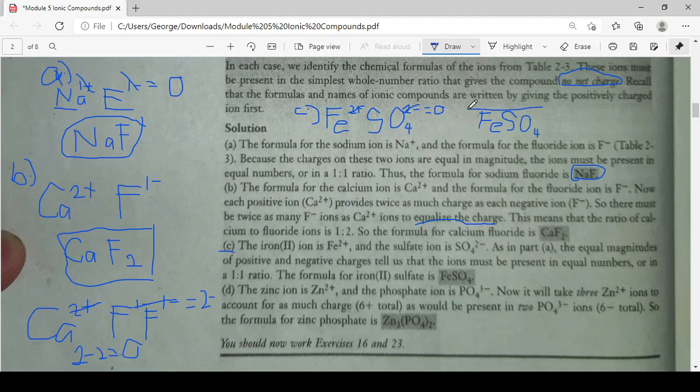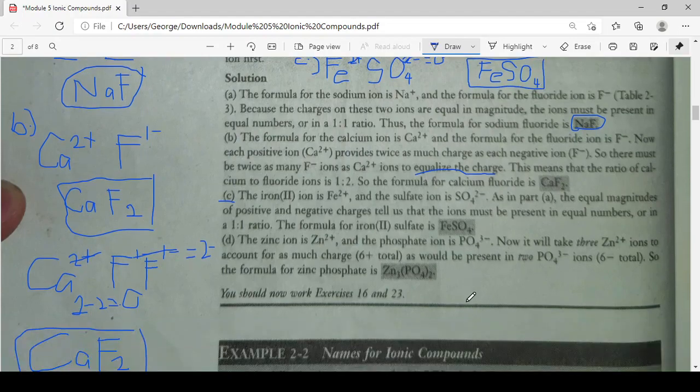Manage din ang final answer niyo sa letter C niyo. And lastly, your letter D, the zinc ion is written as Zn2+. Letter D na ni siya.